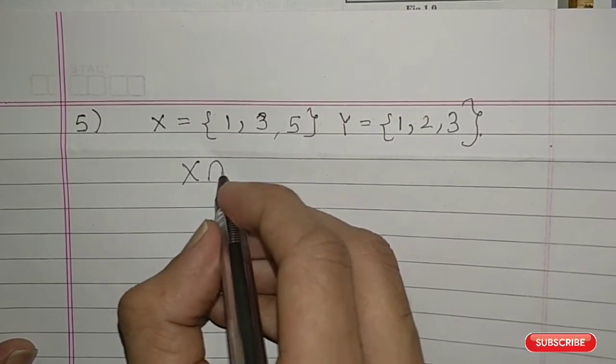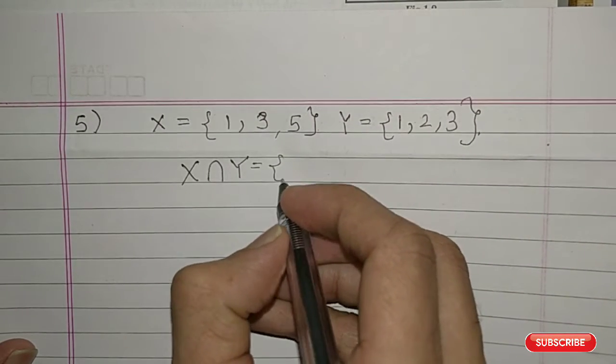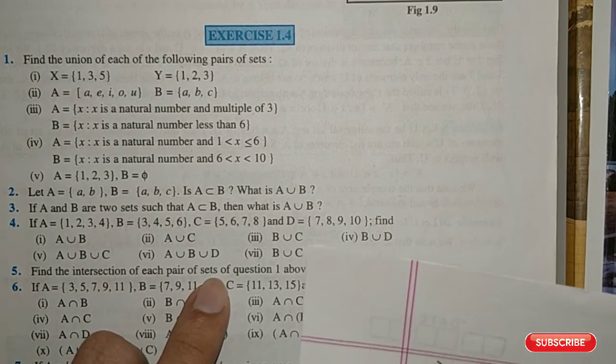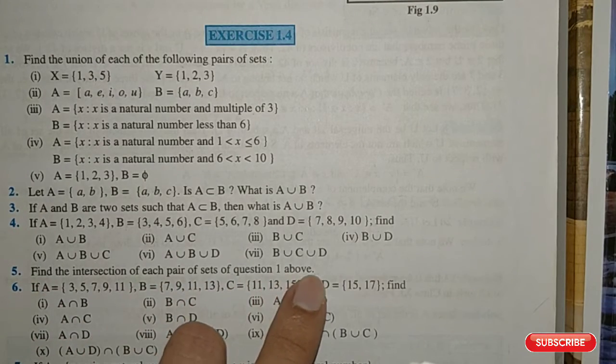Here you have to find x intersection y. So the fifth problem is to find the intersection of each pair of sets of question 1 above.